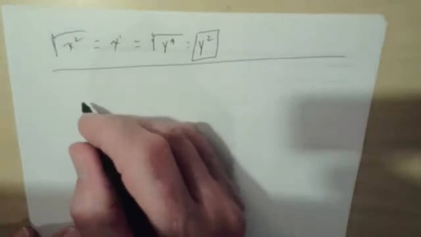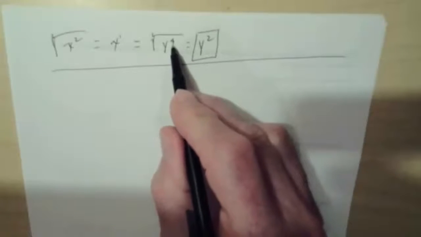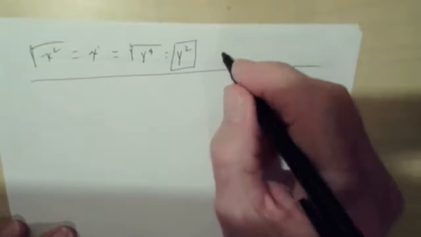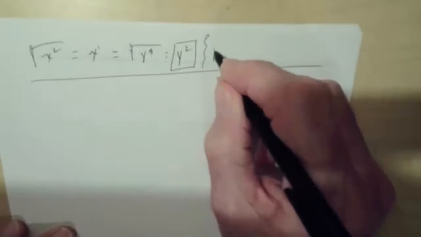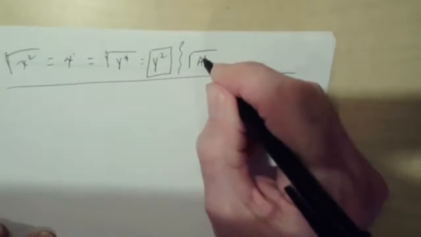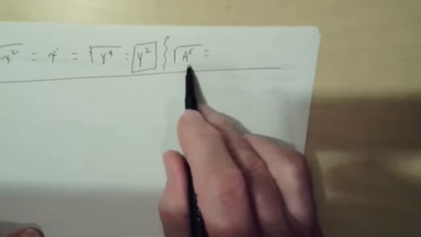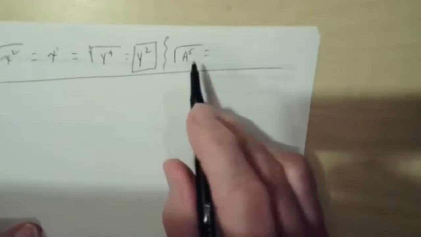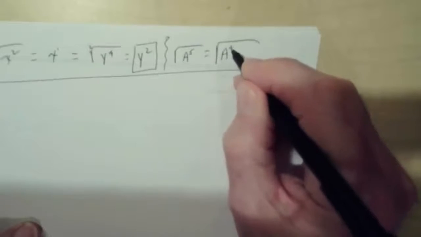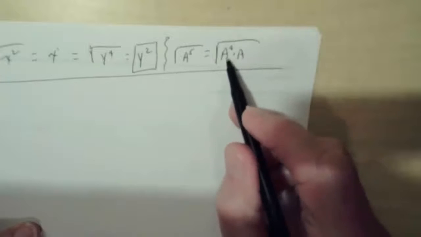Okay, and now what if we have an odd number here that we can't divide by 2? What if we have the square root of a to the 5th? Now we can factor a to the 5th into the square root of a to the 4th times a.